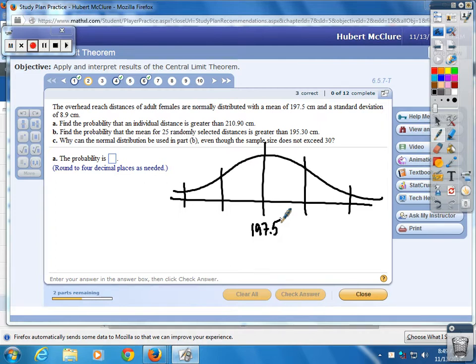What's the next one? 215.3. Now do the other direction. Minus, 188.6.